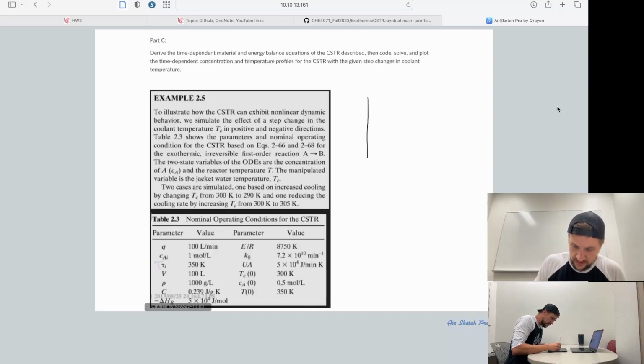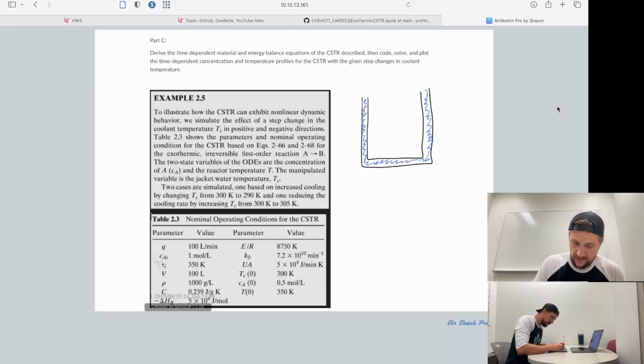So we have our CSTR here, we have a surrounding cooling jacket, and here's our coolant for our cooling jacket.